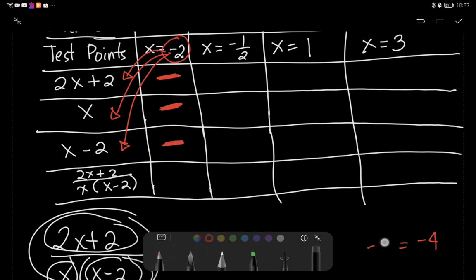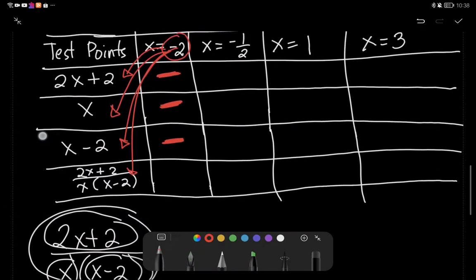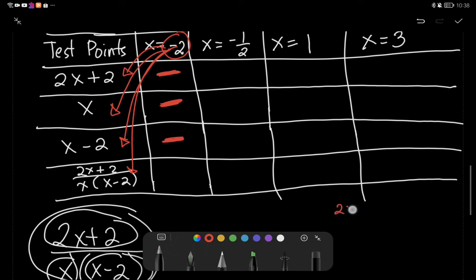And going to the last one, we replace x in 2x plus 2 over x times x minus 2 with negative 2. That becomes 2 times negative 2 plus 2 over negative 2 times negative 2 minus 2.